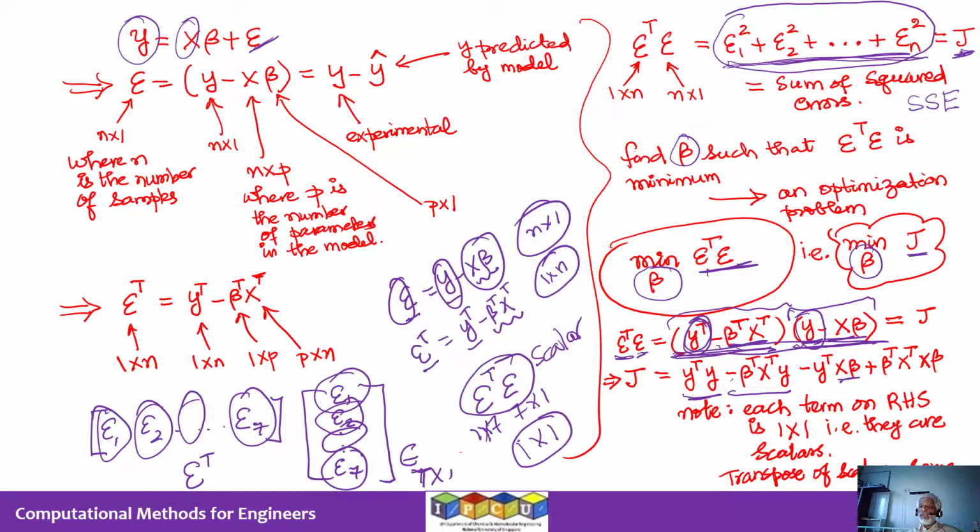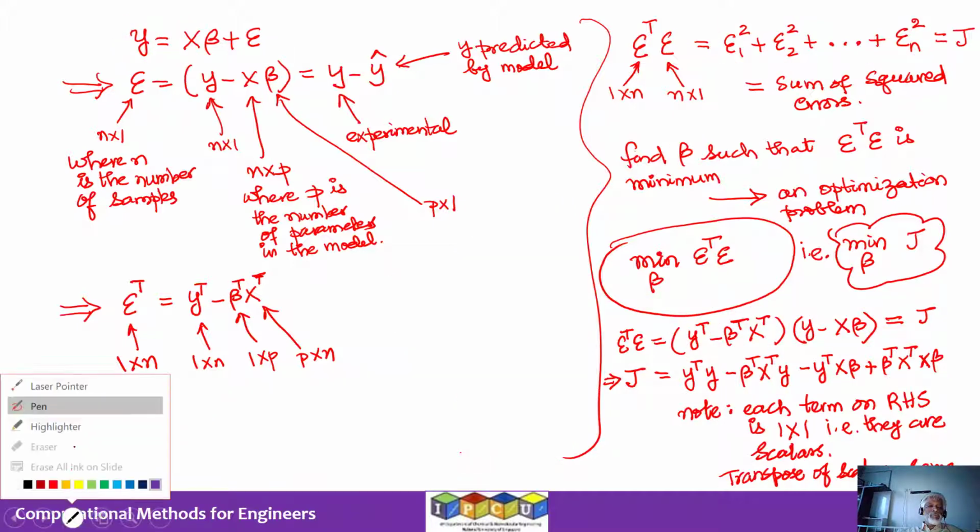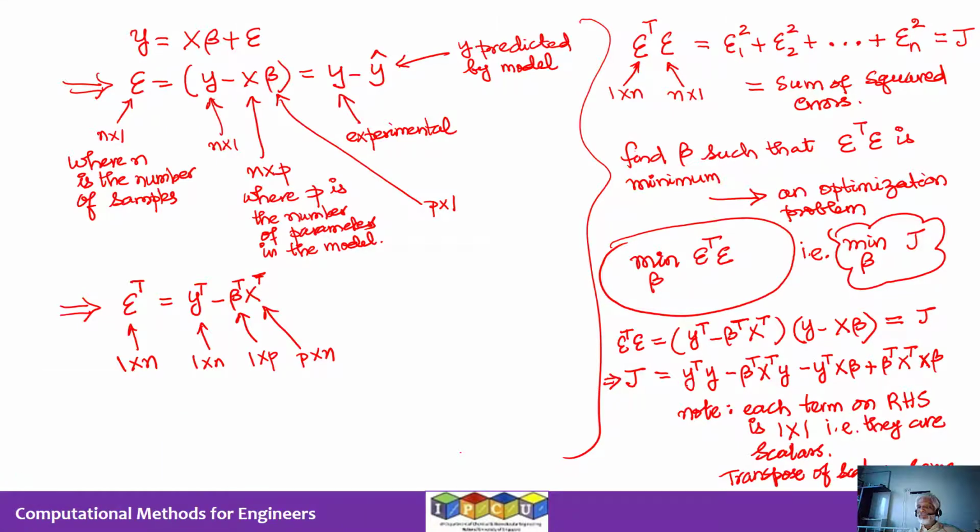And then minus beta transpose X transpose multiplies with minus X beta to give us plus beta transpose X transpose X beta. So you should know by now the origin of these four terms that you see on the right hand side. That comes from expansion of this multiplication.